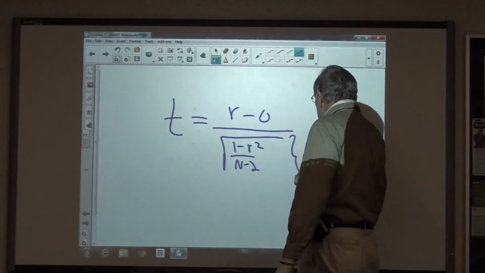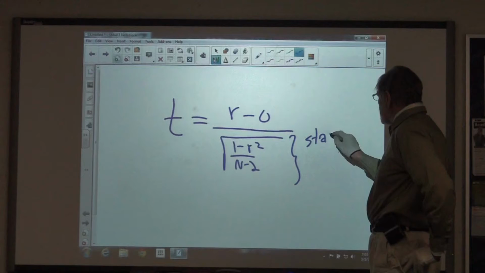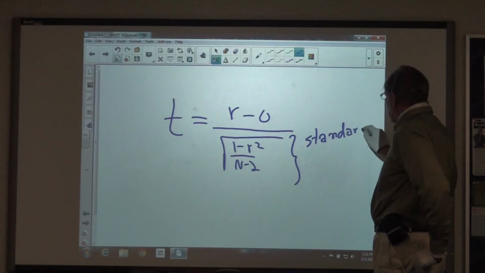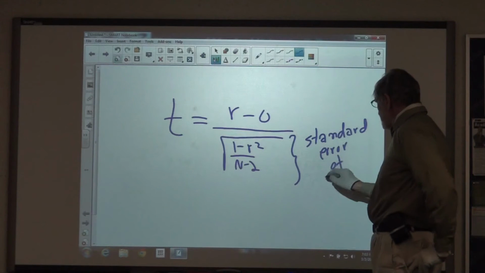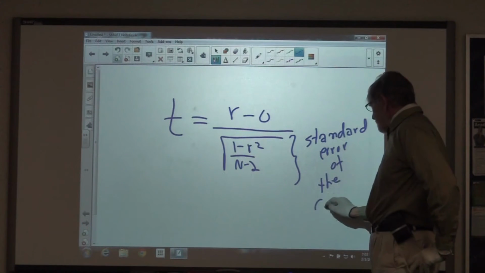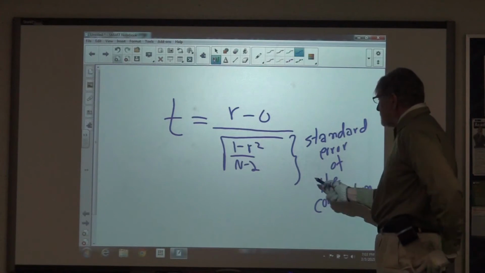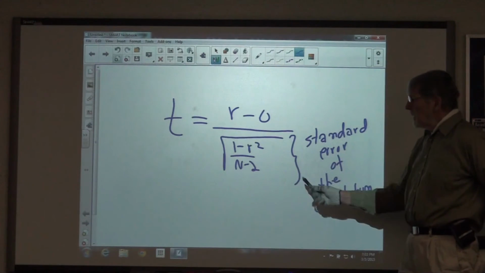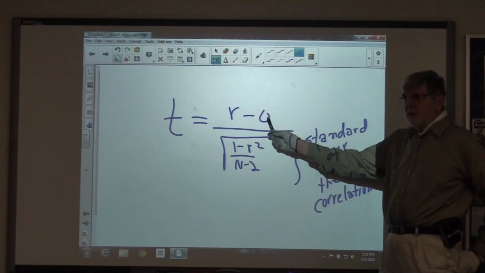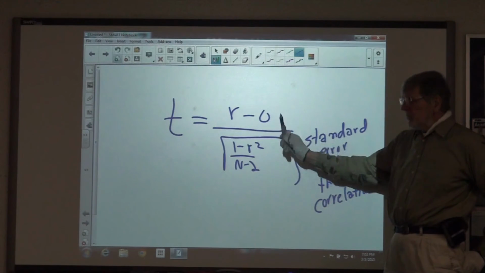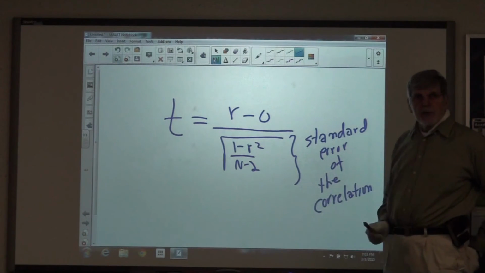You see that what is here, by the position of its location, is the standard error of the correlation. Because it's in the denominator, and this is the statistic and this is a hypothesized value of it, rho equals 0 in the population, what is in the denominator is the standard error of the correlation.